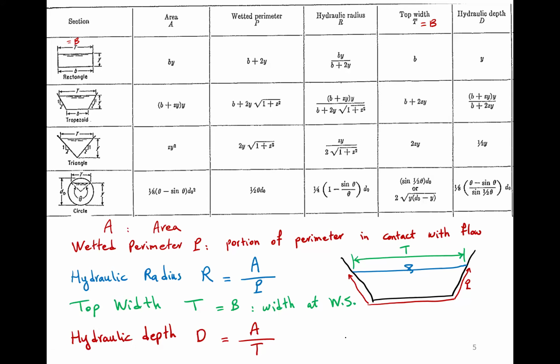If you, again, visualize a trapezoidal channel, let's say it looks like this, and the water level is, let's say, here, right? And we have a top width of T. If you take the area of the flow, which will be this area, and divide it by the top width, you get a depth, which is going to look like this.